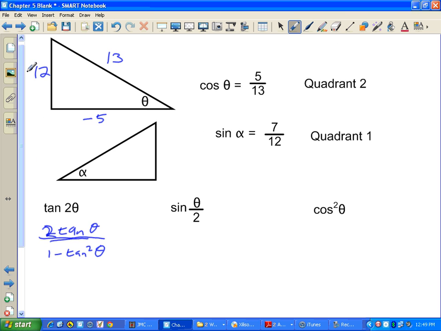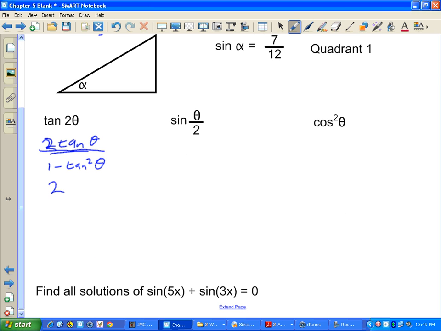Tangent theta is 12 over negative 5. So I've got 2 times 12 over negative 5, over 1 minus 12 over negative 5 squared. So that's what tangent theta is, so I can just substitute. If I multiply this by 2, I'll get negative 24 fifths. This I'm going to square, so I get 144 over 25.